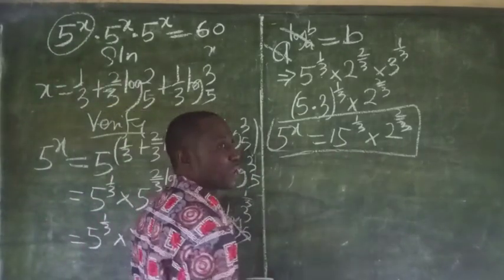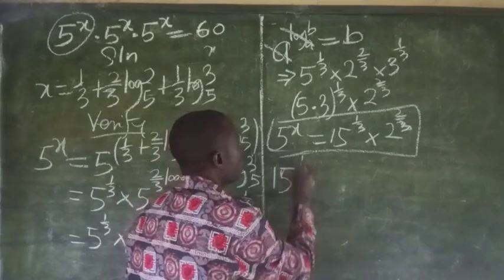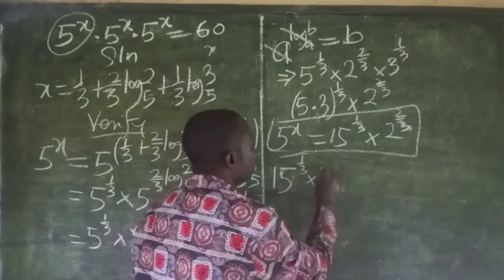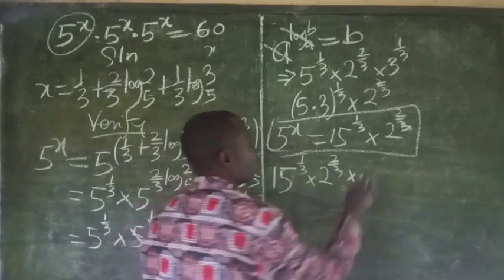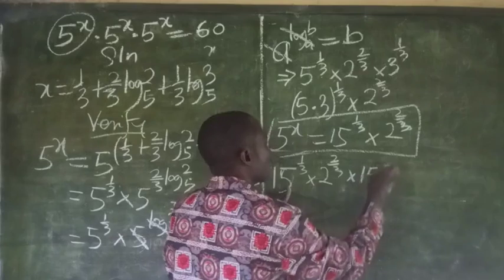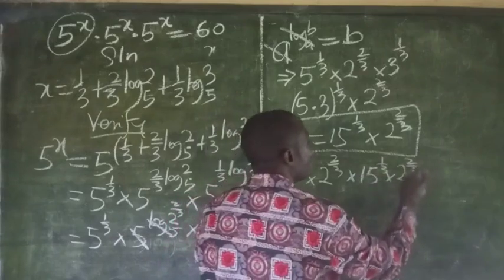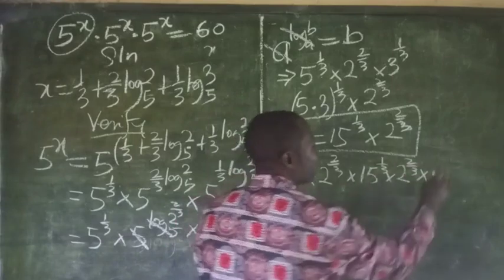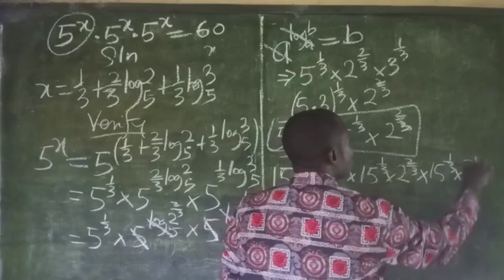This value will be multiplied 3 times, which is equal to 15 raised to power 1 over 3 times 2 raised to power 2 over 3 times 15 again raised to power 1 over 3 times 2 raised to power 2 over 3 times the last part 15 raised to power 1 over 3 times 2 raised to power 2 over 3.